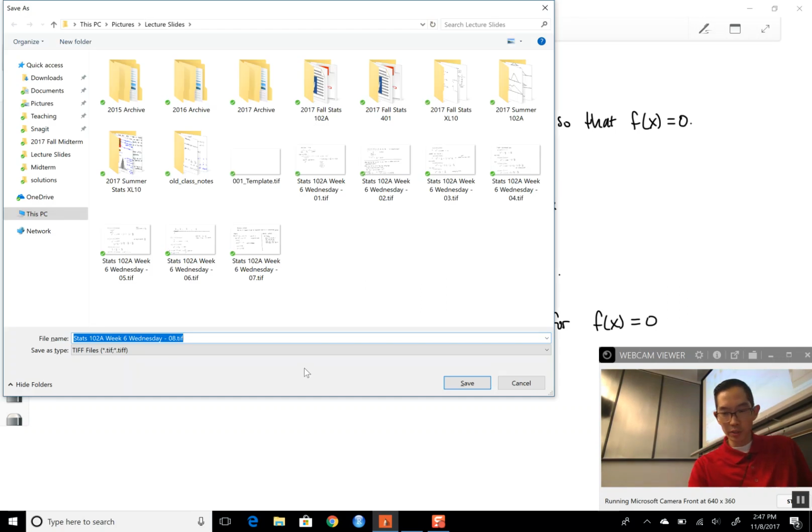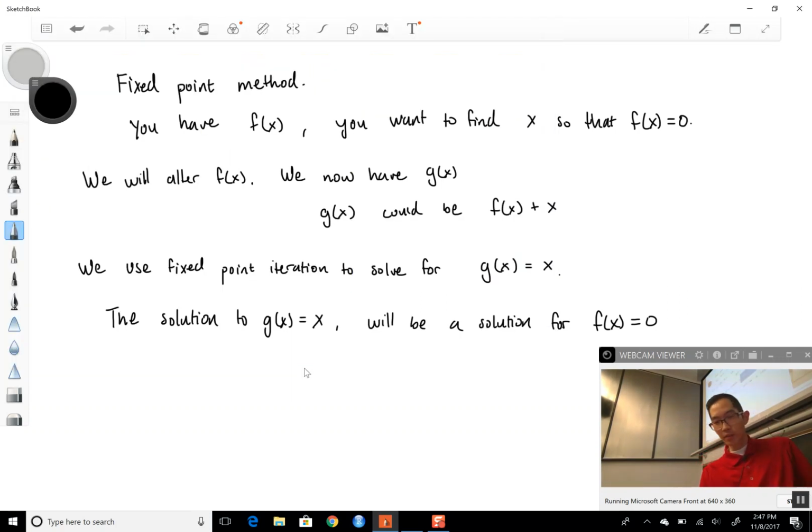Okay, well, it turns out that for some equations, if you take your current value of x and then you plug it into g of x, it will give you a new value, and then you plug that in.